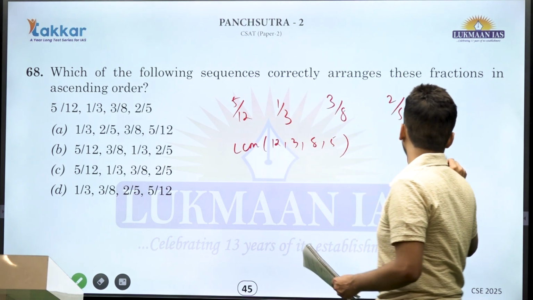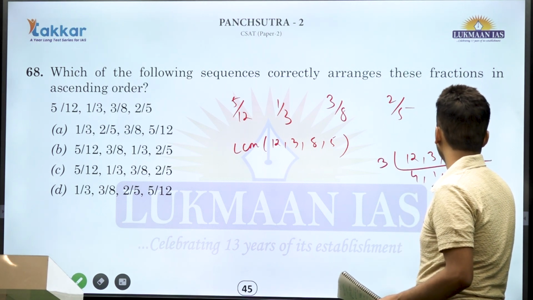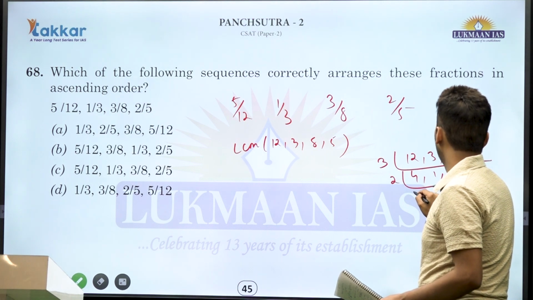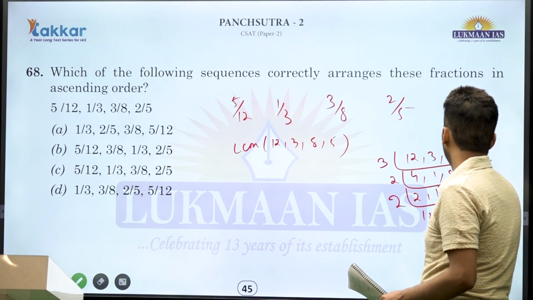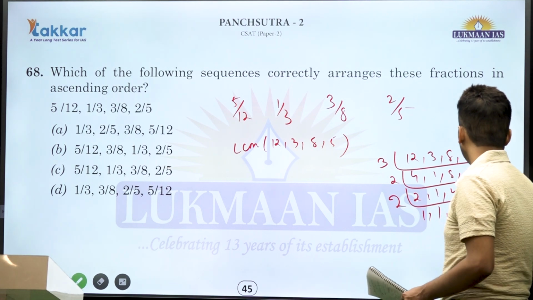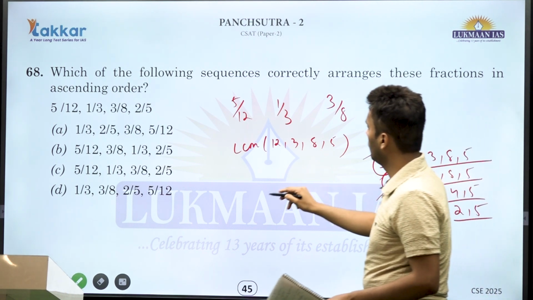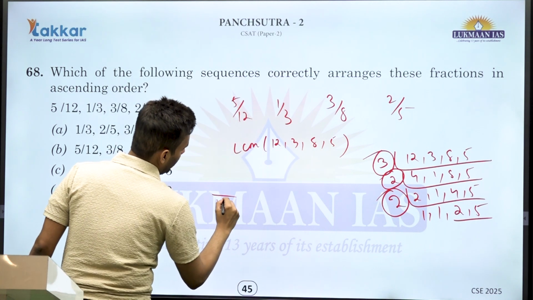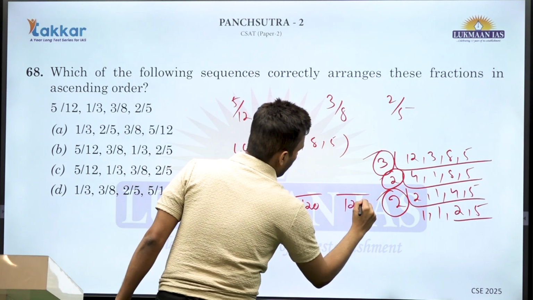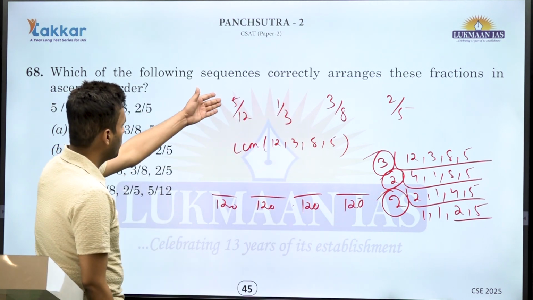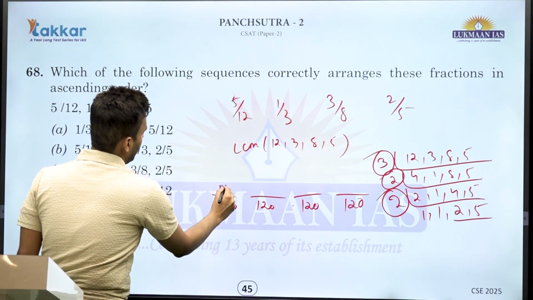Dividing step by step, we get an LCM of 120. So the base is now 120 for all. Now how much do we need to multiply? 12 into 10, 5 into 10, 50.